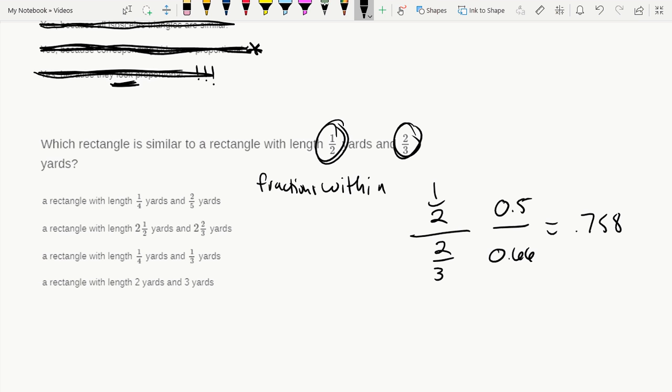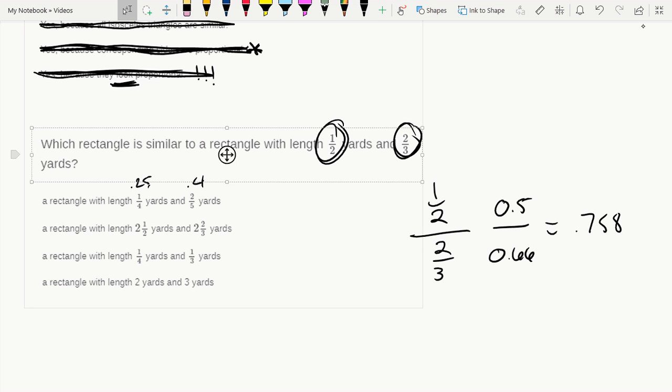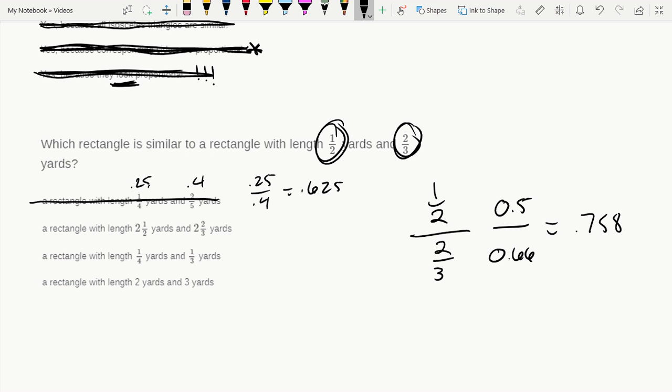Now this one's tough. That's 0.25. What's 2/5? 2 divided by 5. All right, this one's hard. 0.25 over 0.4. 0.25 divided by 0.4 is 0.625, so it's not that.